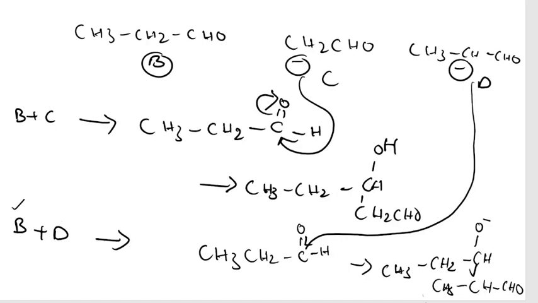As the alkoxide gets protonated, I'm going to write the H here. That means CH3CH2CHOHCH3CHO is the fourth product. So there are a total of four products from two different carbonyl compounds.